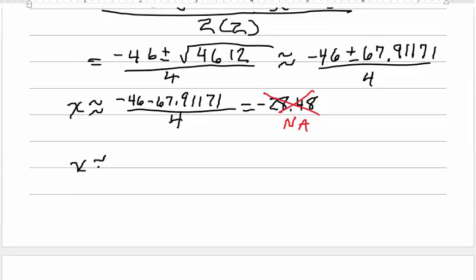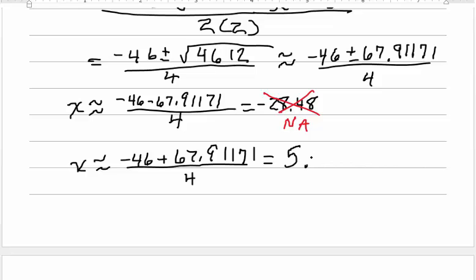Then I know x is approximately negative 46 plus 67.91171, all divided by 4. Putting that into my calculator and rounding to 2 decimal places, I get that this is approximately 5.48.